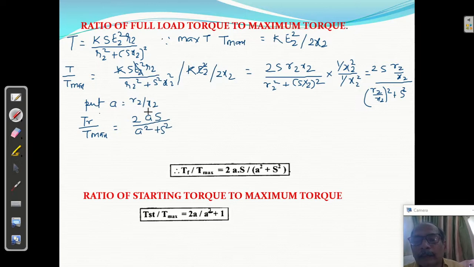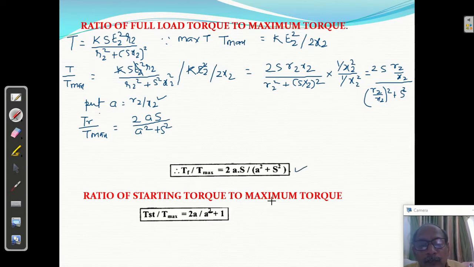Where a is R2 upon X2, one constant we have selected. So in this way you will get this formula: T at any load upon T max equal to 2aS upon a square plus S square. So this is the expression we will get.